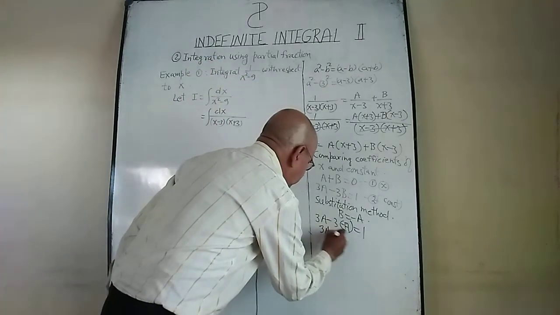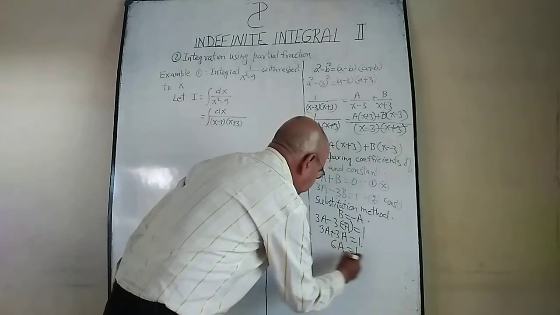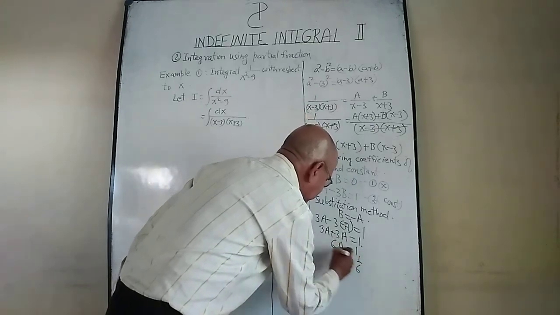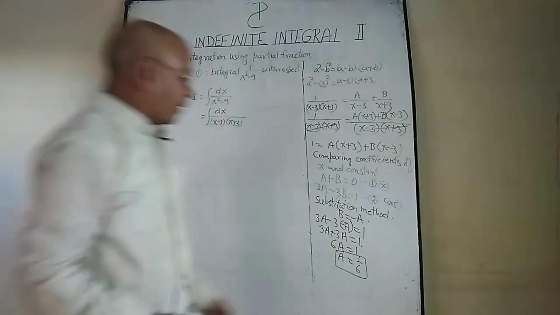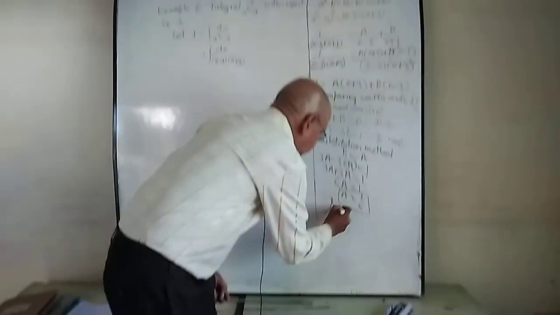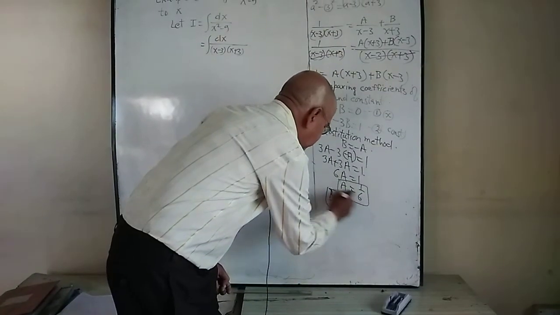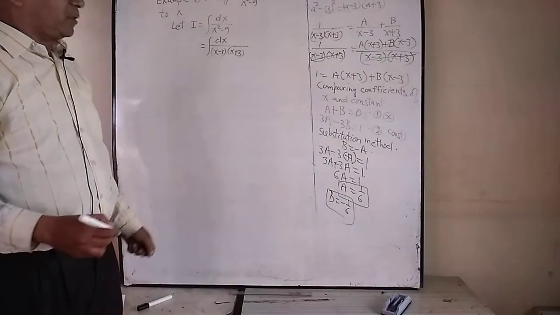So 3a plus 3a is equal to 1. So 6a is equal to 1, so a is equal to 1 by 6. This is my value of a, a is equal to 1 by 6. But we supposed b is equal to minus a, so b is equal to minus 1 by 6.